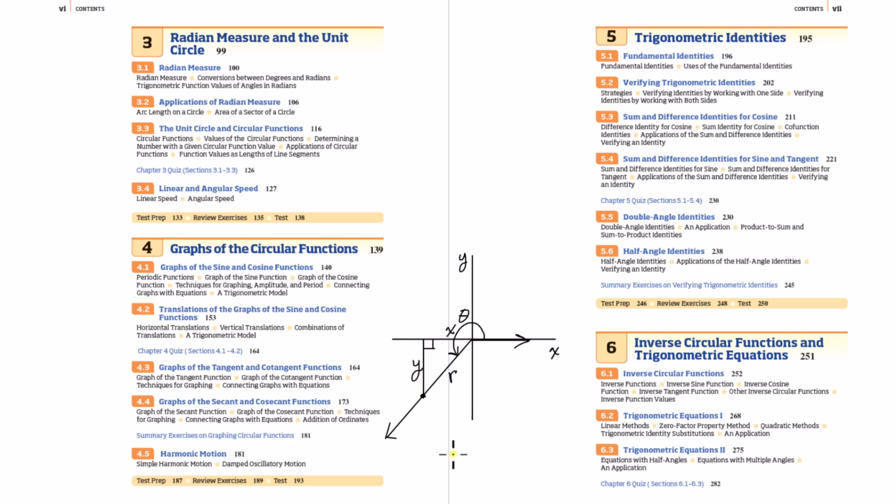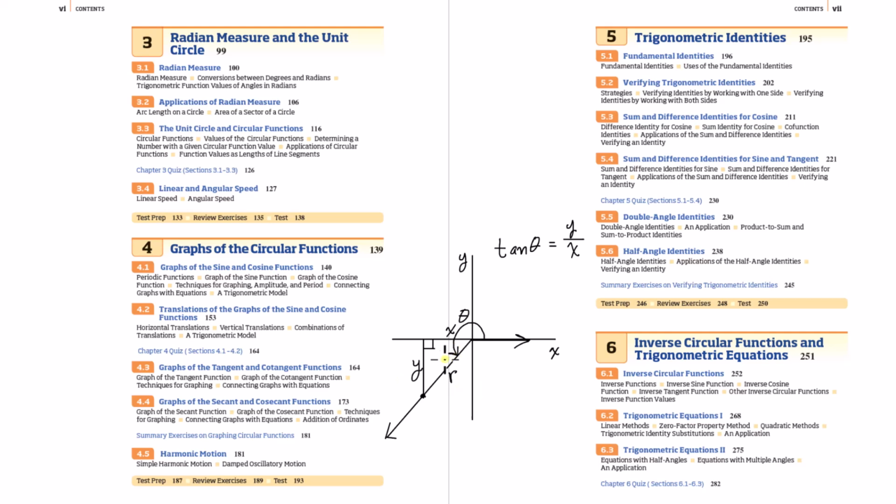Okay, and so with this notation here, you can write out the definitions of the trig functions. Sine is y over r, cosine is x over r, etc. So we're thinking about that tangent theta is y over x.